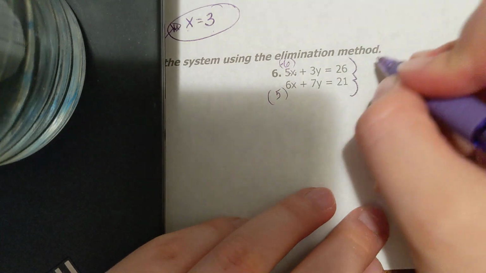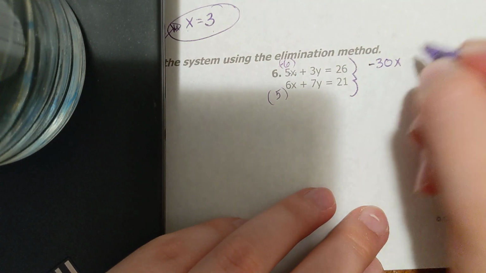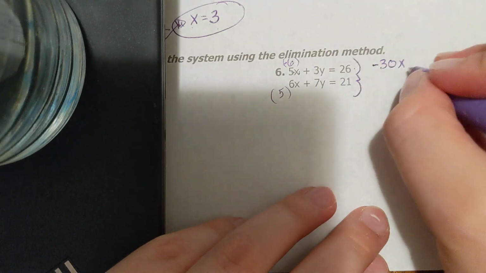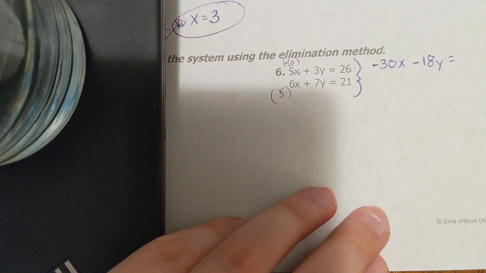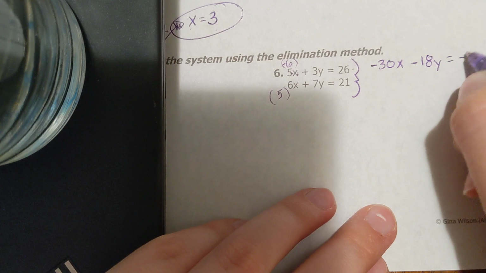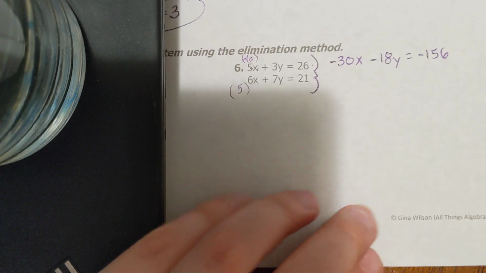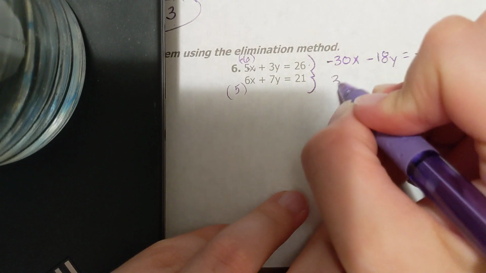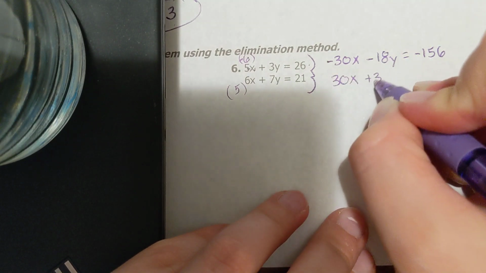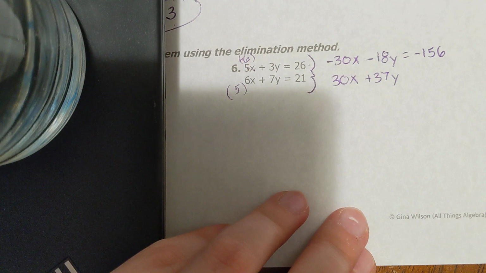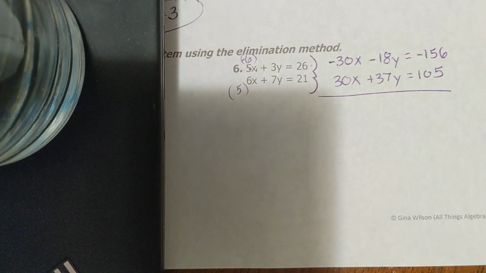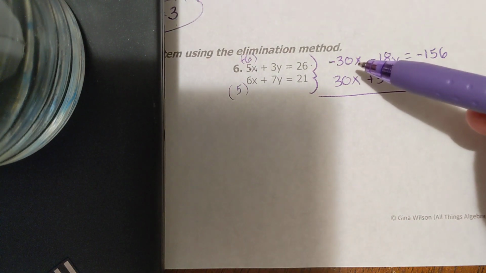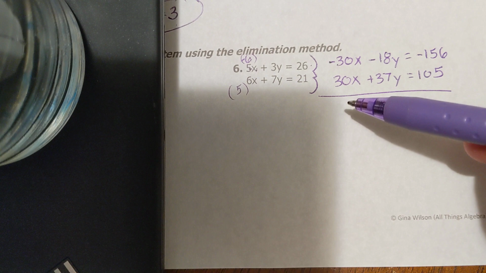So here we get -6 times 5, which is -30x, and you multiply it by everything. So then you've got -18y equals, let's see, 26 times 6 is 156, so -156. And then you're going to multiply this whole thing by 5, so you'll get 30x plus 37y, and then 21 times 5 is 105. So now what you do is add your equations together, and the reason we do that is because now x adds to 0, and that's what we wanted.